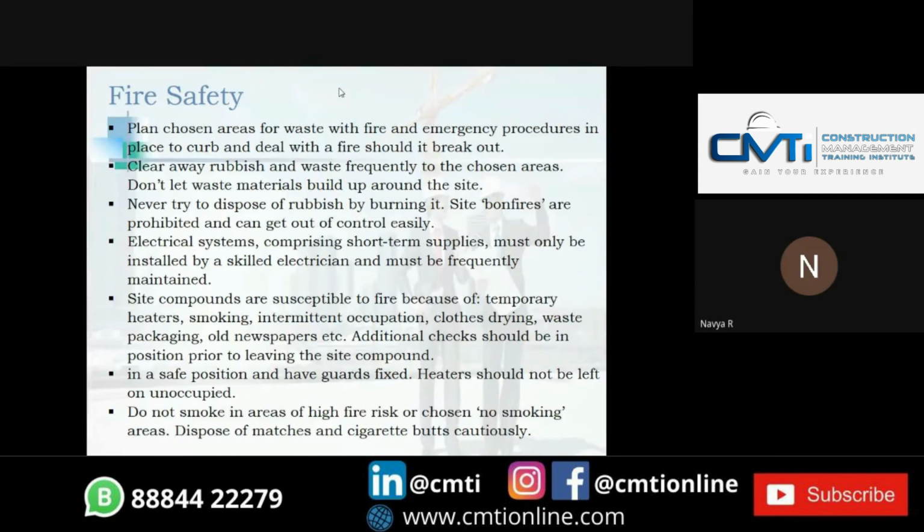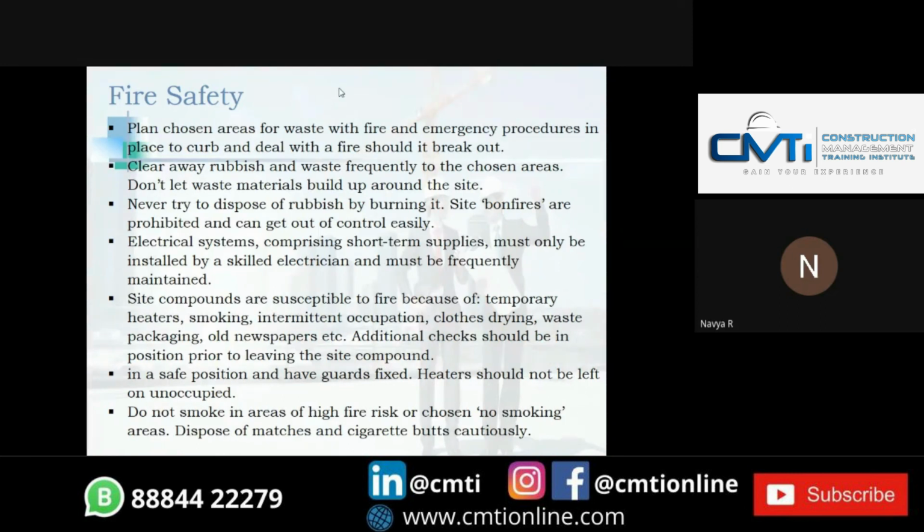Plan chosen areas for waste, with fire and emergency procedures in place to curb and deal with a fire before it breaks out, and in a safe position, and have guards fixed. Heaters should not be left on unoccupied. Site compounds are susceptible to fire from temporary heaters, smoking, intermittent occupation, clothes drying, waste packaging, and old newspapers, etc. So these will be prone to fire.